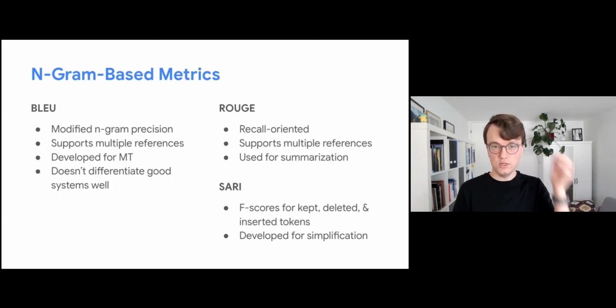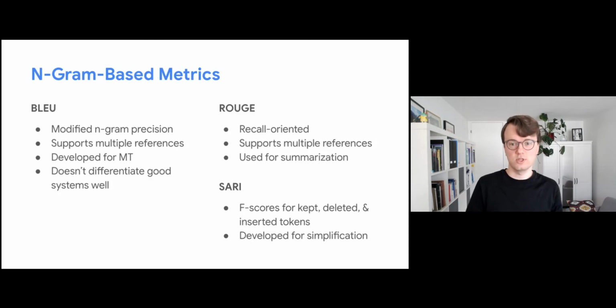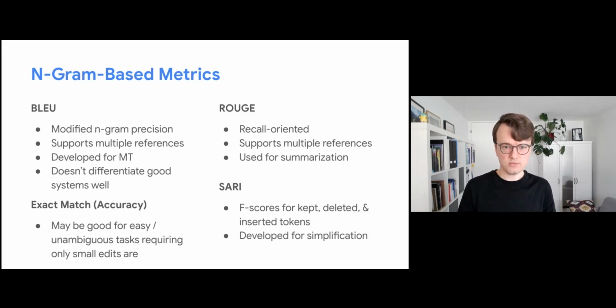So it uses the input to determine which tokens or n-grams were kept or deleted or inserted, in contrast to the input, and then computes scores for these three aspects differently and averages them. And this is very nice for something like, for example, text simplification or style transfer, where the input and the output overlap very heavily.